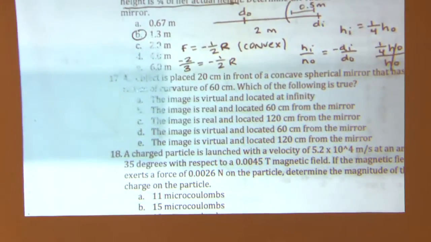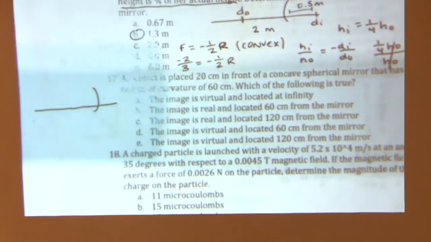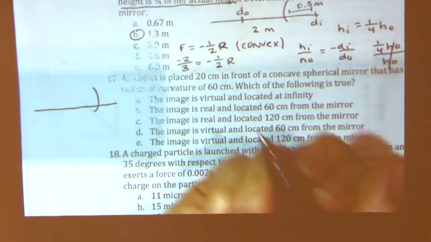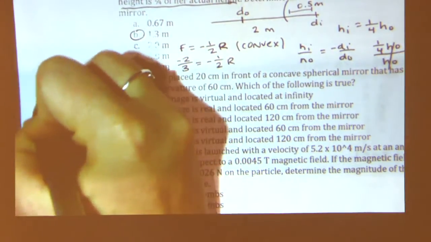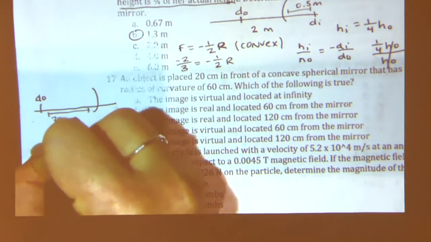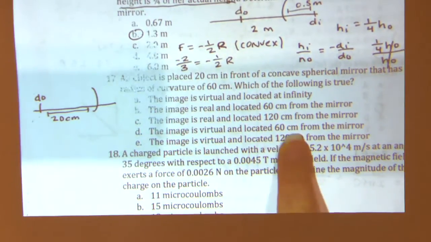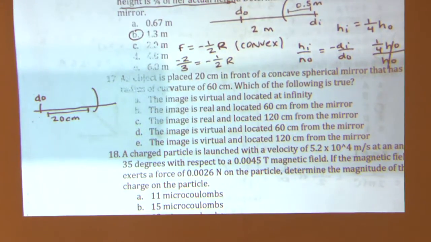So I always just draw these out. It helps me to draw it out. So we have a concave mirror now. Our DO is 20 centimeters away. And basically all of these answers are saying, is the image real or virtual, and where is the image located?